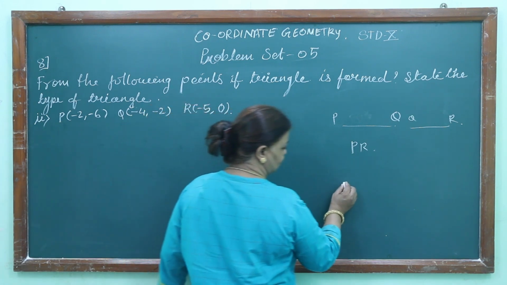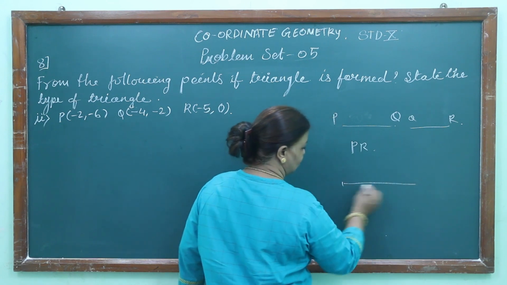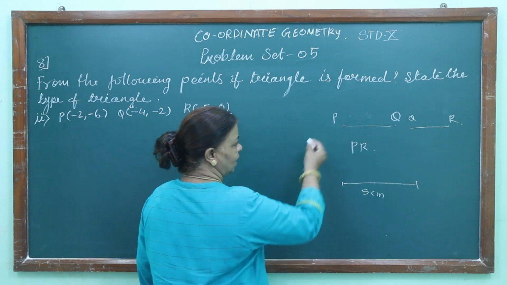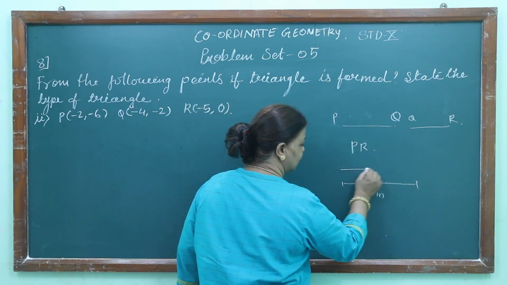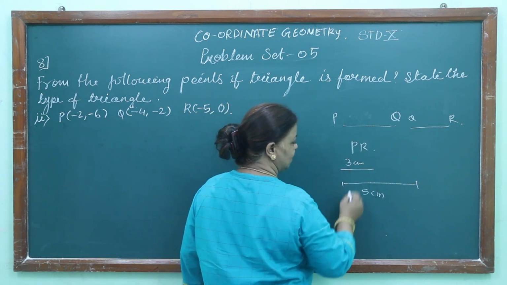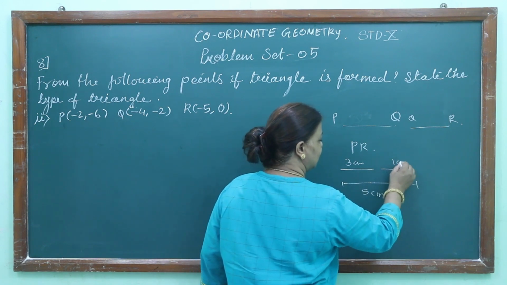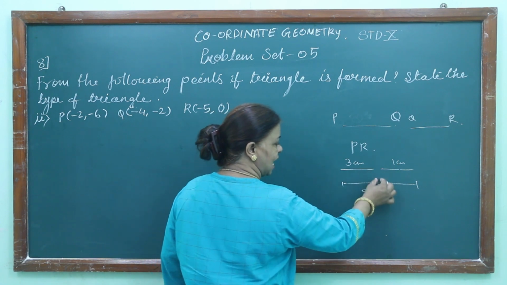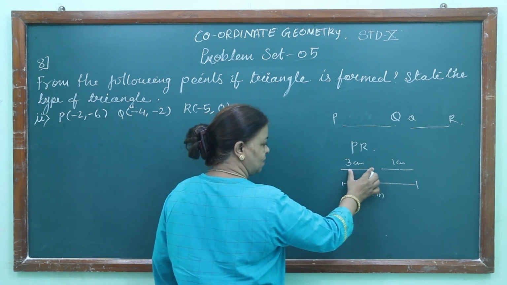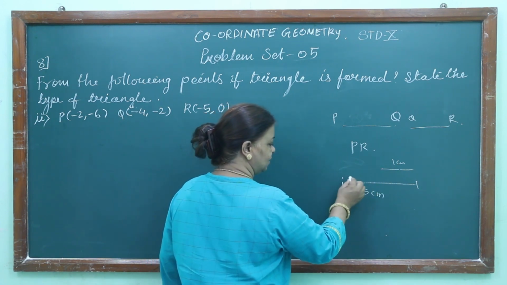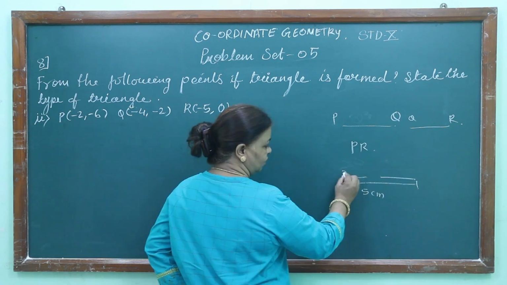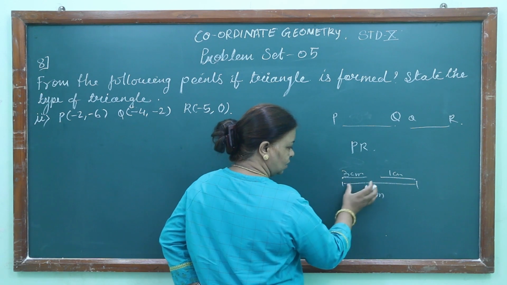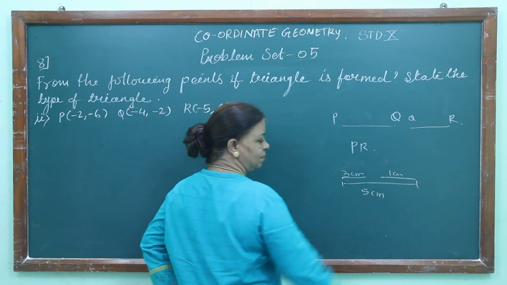Suppose I have a side of 5 centimeter, for example, and the other two sides are 3 centimeter and 1 centimeter. If I keep them on it, there is still a gap left. If this is 3 centimeter and this is 1 centimeter, it is still having a gap here.